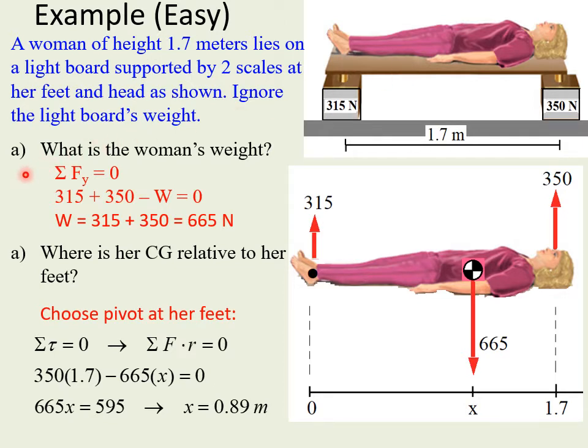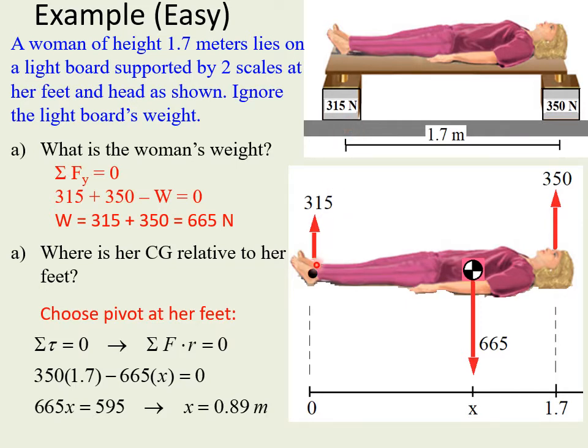So the first question, part A, what is the woman's weight? Well, in this part of the problem, we notice that she's in static equilibrium. She's not moving at all. So the sum of the forces in the y direction must add up to 0. The upward forces on her are these 2 scale readings.